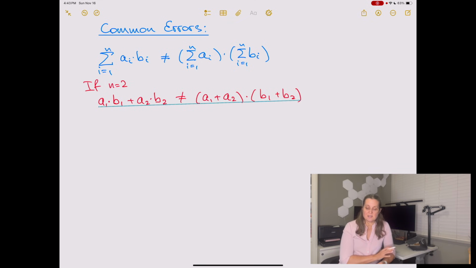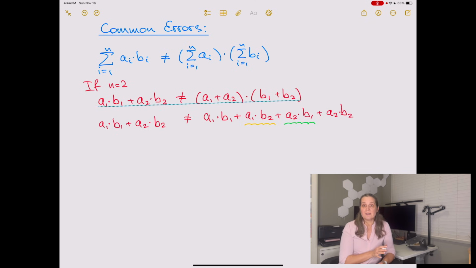The left-hand side, the sum of a_i b_i as i changes from 1 to 2, is equal to the sum of two terms. However, the sum of a_i will have two terms of its own, a1 plus a2, where the sum of b_i's, as i changes from 1 to 2, has also two terms, b1 plus b2.